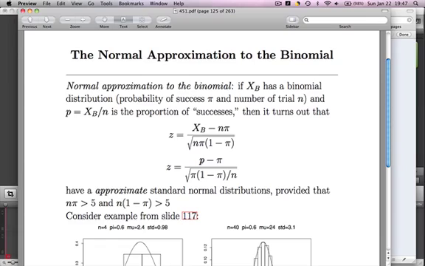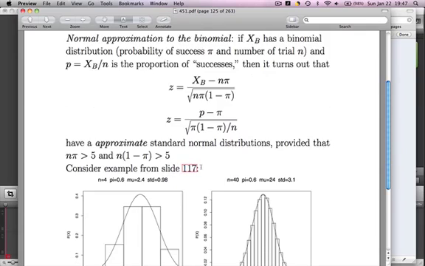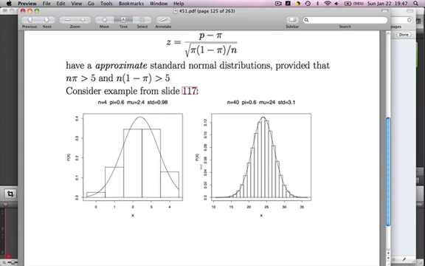Likewise, if you take p minus pi, pi is the mean of p, and the thing that's sitting in that denominator is just the standard deviation of p. So again, it's like a standard normal.